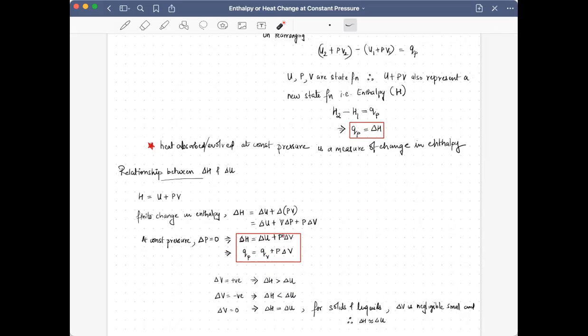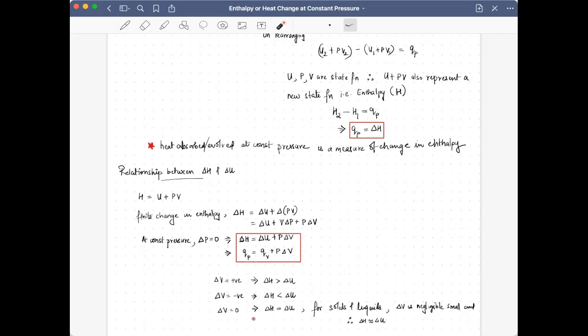And if there is no change in volume, that means you're considering a constant volume situation, this term will vanish and you are left with only delta H equals delta U. So in conditions involving constant volume, both delta H and delta U are the same.